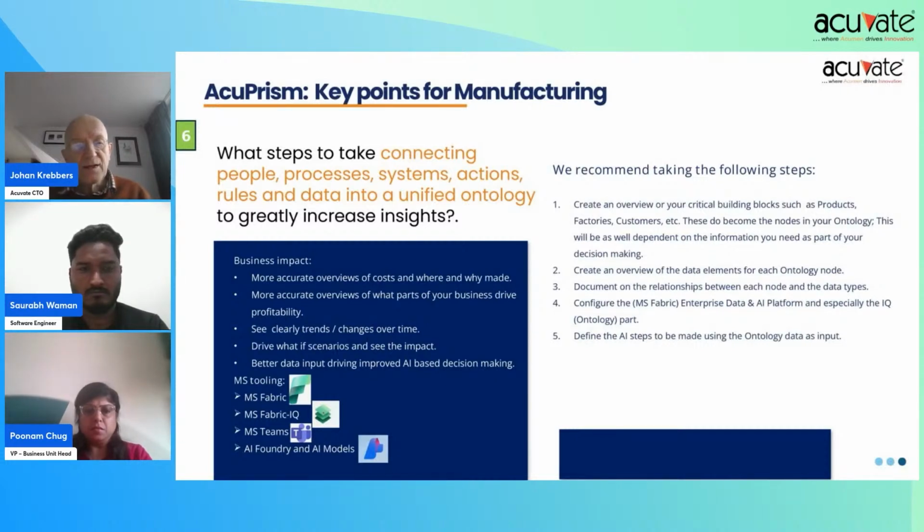And for each of these, it has the cost, the building blocks, the people who work on it, etc. So all the information about each component is linked to that component. And now you can start asking any type of question: if I would change this, if I would change that, what would be the impact on my environment? And we're using Microsoft Fabric IQ for this. Very new in the market, but we see lots of benefits for that.